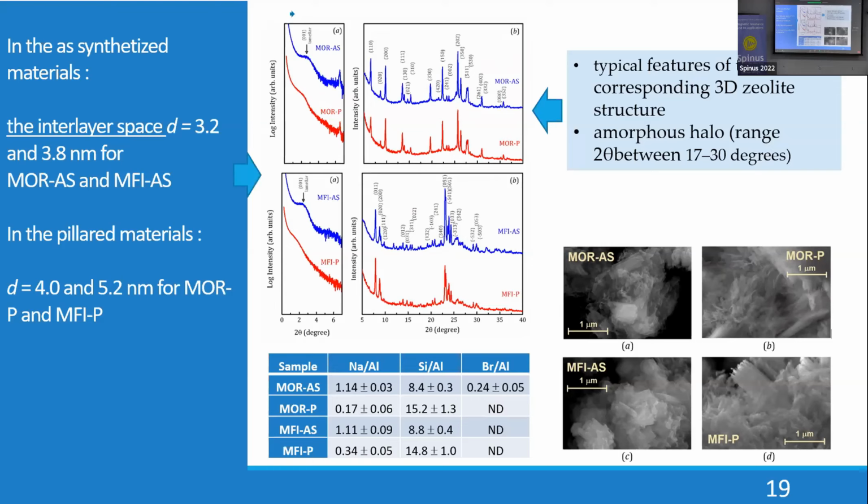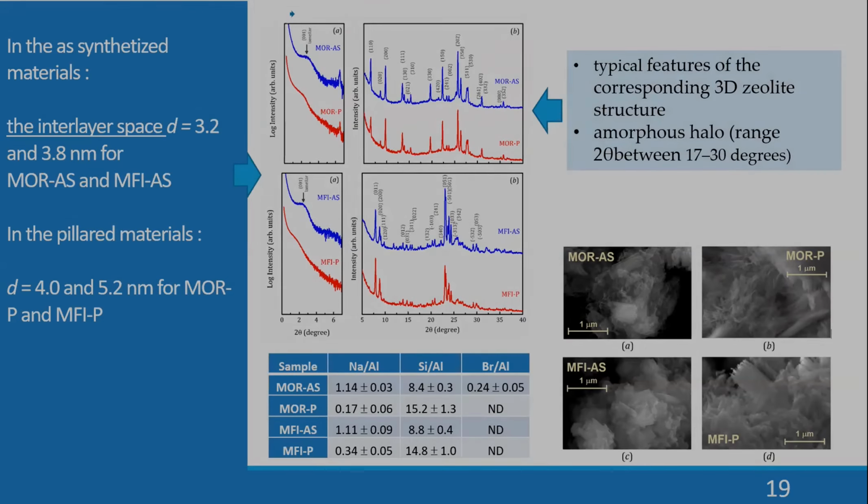First of all, when we look at the XRD pattern, we can see that the synthesized materials exhibit typical features of the corresponding 3D zeolites with an amorphous halo in the region between 17 and 30 theta degrees.